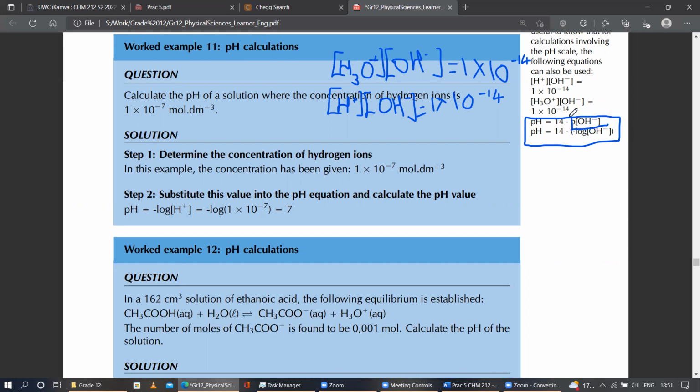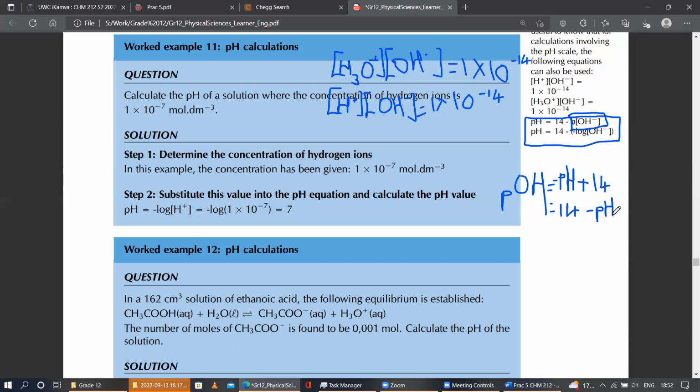And this, most of the time, they're going to write it in the form of pOH, which is equal to 14 minus your pH.